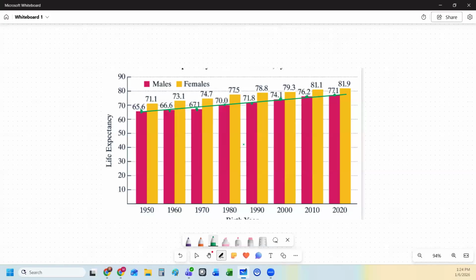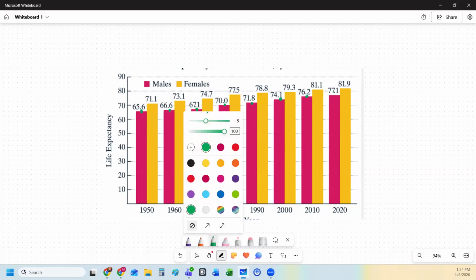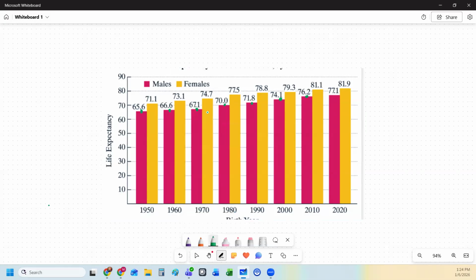Sometimes the graph doesn't go in a nice, beautiful straight line. Sometimes there's all sorts of up and down. So rather than looking at it as one line, I can look at it as several lines. The line between the first one here, and then the line between the next two. And I'll try to make these straight. Sometimes they don't like to play. All right.